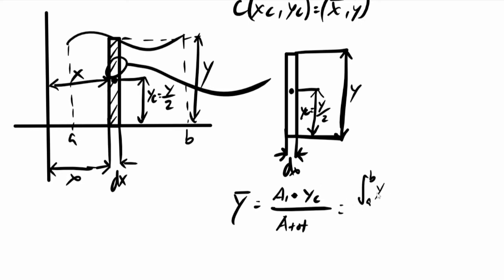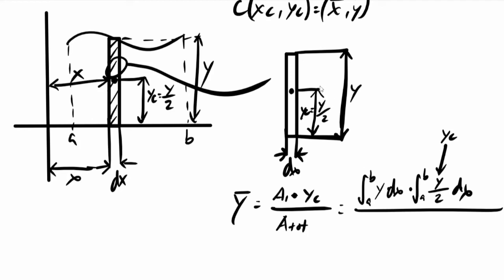So A, that is the integral with limits from a to b of y dx, multiplied by the integral with limits from a to b of y over 2, this is our yc, dx, all over our A, since we only have one here, that our total area is still the same as this.